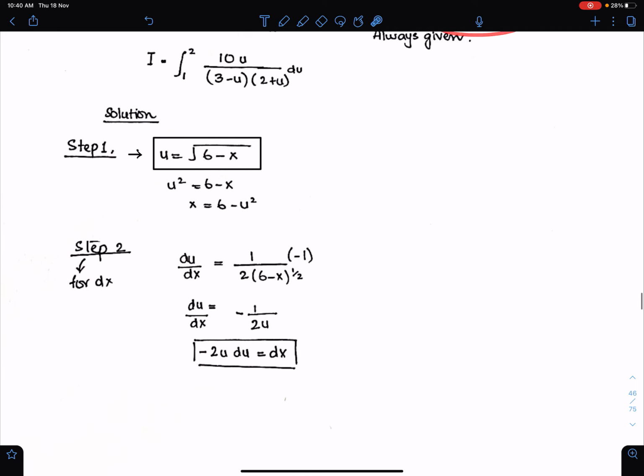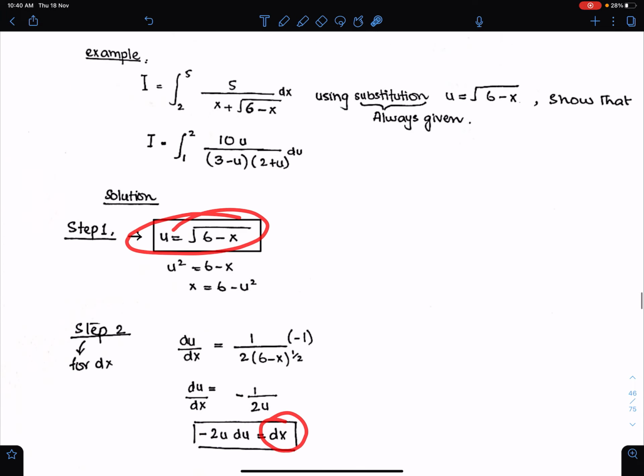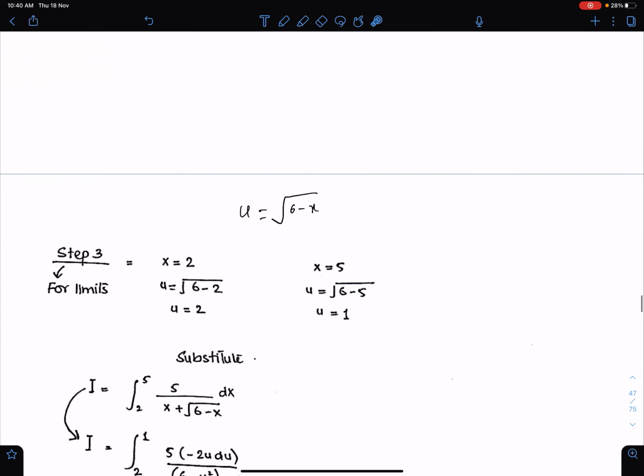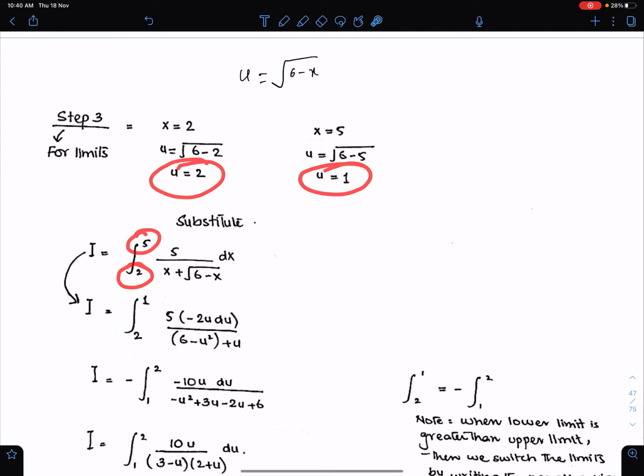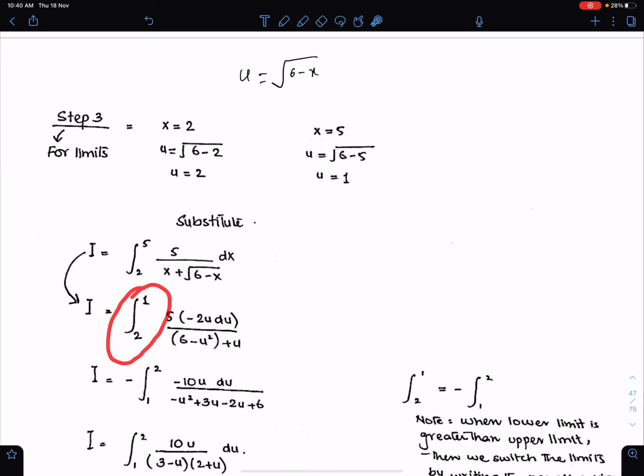Like here, we differentiated this and we got dx, and then change the limits. For limits, always use the given substitution. This is the given substitution. When x was 2, u is 2. When x was 5, then u is 1. Make sure you write the corresponding values of the limits here.